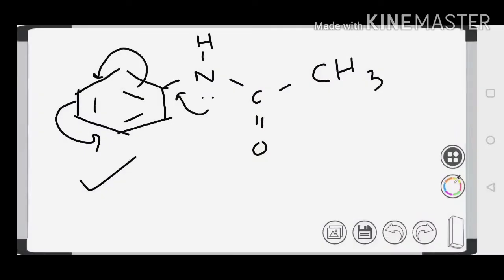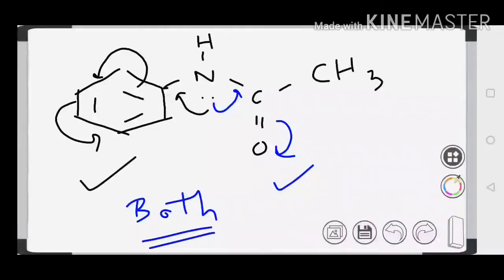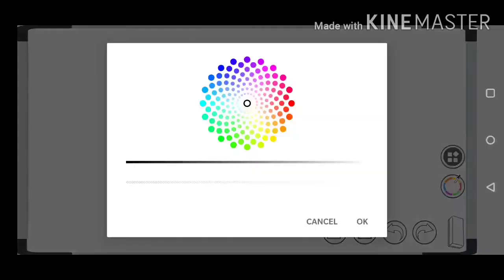And on the other side, there is a carbonyl where the electron deficiency is there on carbon. So on both sides, black and blue, the electrons can be circulated. The resonance stabilization is more, and the nitrogen will have lesser concentration of electrons available for donation to others. Now let us see the other option.